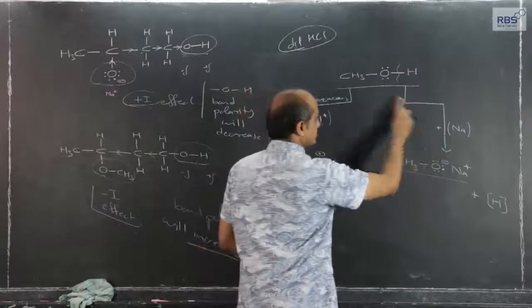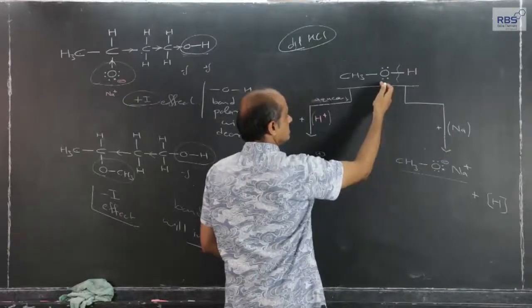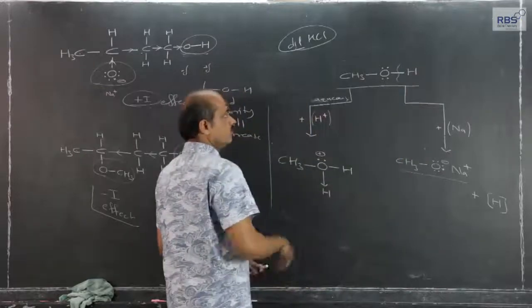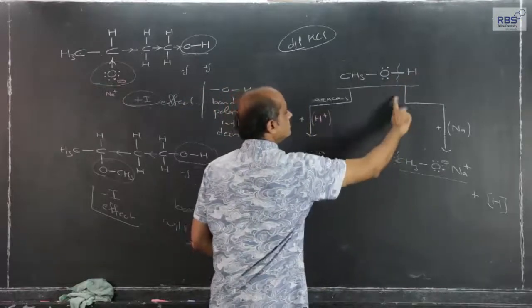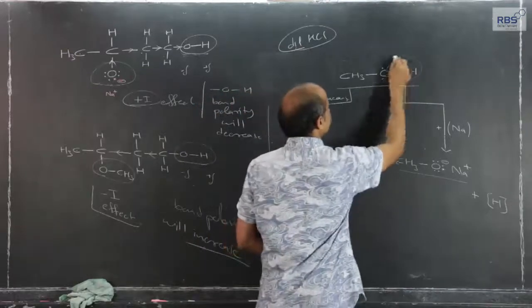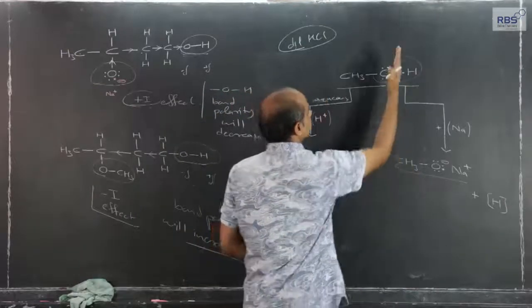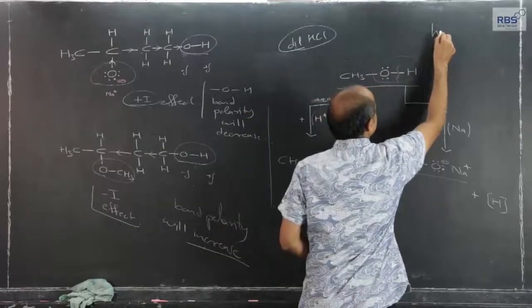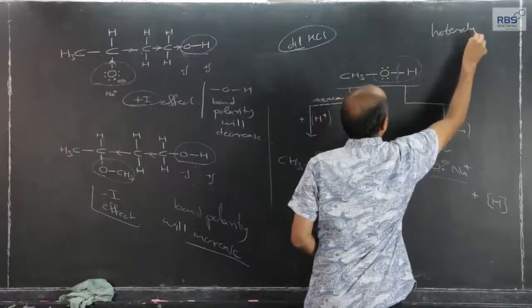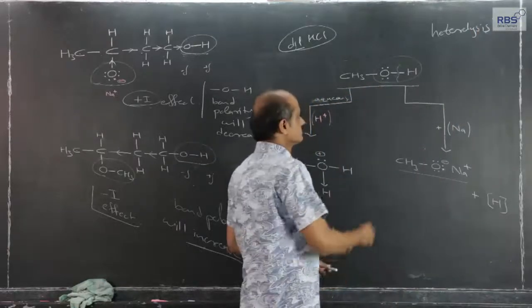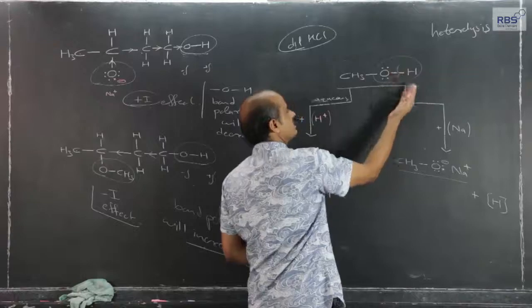Now, for this reaction, OH bond polarity is necessary. The more the polarity of the OH bond, the more is the reactivity. Why? Because the more the polarity of the OH bond, the more tendency to undergo heterolysis, heterolytic breaking, and the shared electron pair remains with one atom.